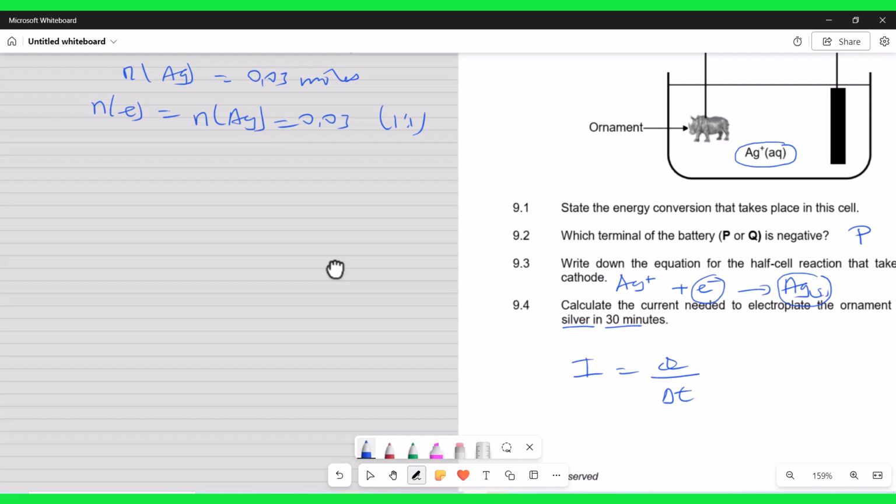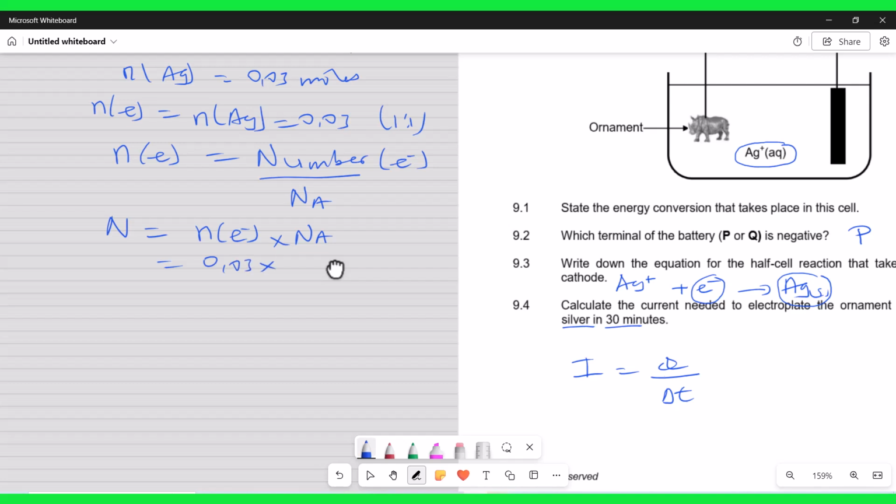Because the formula says that the number of moles of electrons is given by the number of electrons divided by Avogadro's number, Na. So to get my number of electrons, which I'm going to call capital N, equals the number of moles of electrons multiplied by Avogadro's constant. So here I have 0,03.